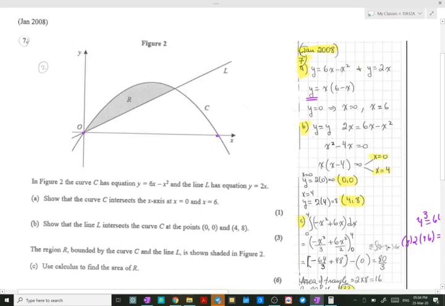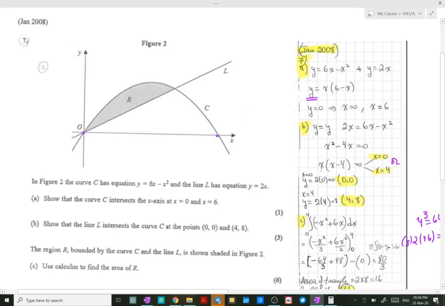So you take the equation of the curve and make it equal to the equation of the line, and then we solve for x. We take everything to one side, so it becomes a quadratic equation equals 0. Therefore, we factorize and we solve for x. x is either 0 or 4.